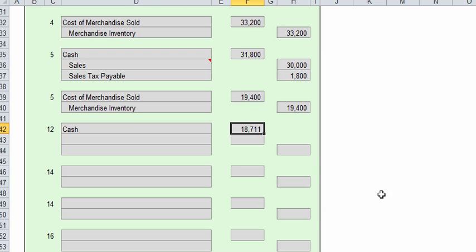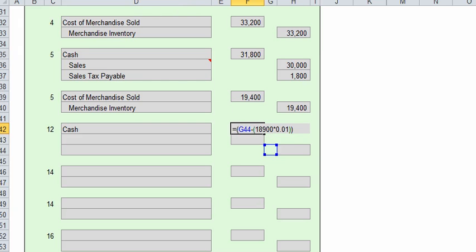Let's look at that again. Okay, what we did here, I took the sales price of $18,900, and I'm going to subtract the discount. I screwed up my formula here.